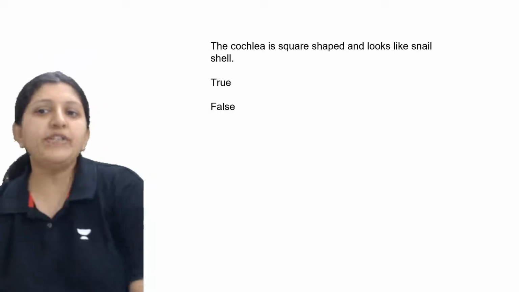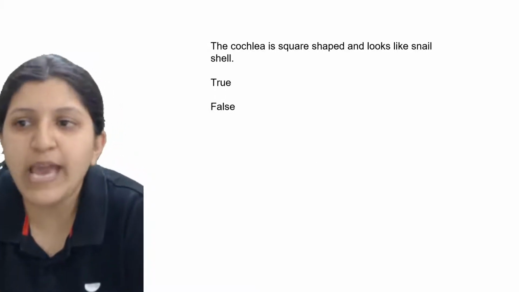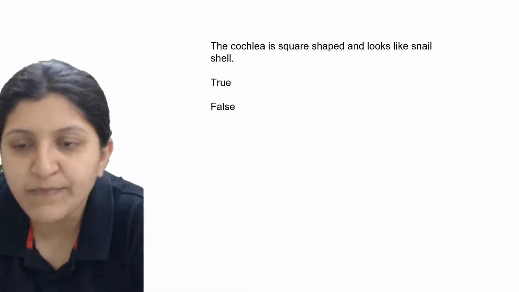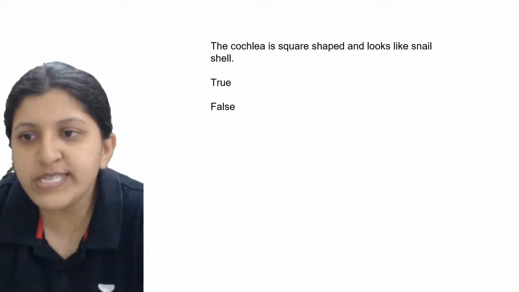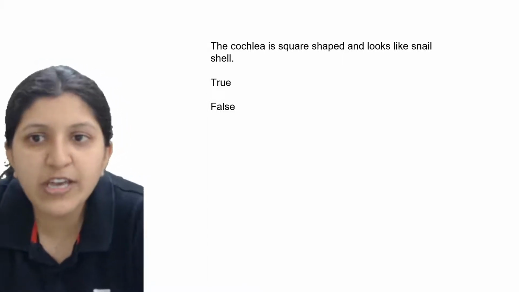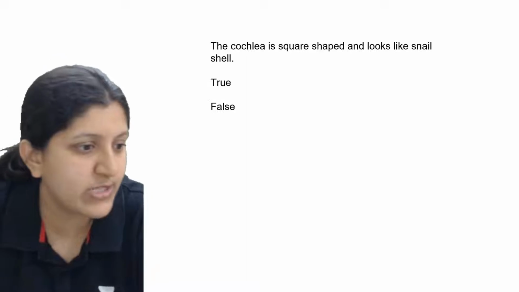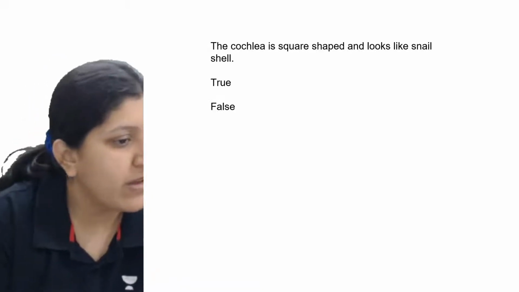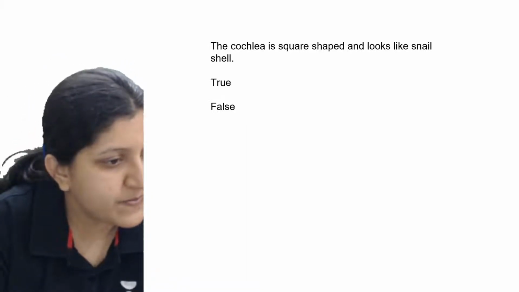Now, the cochlea is square shaped and looks like a snail shell. Whether this is true or false? What is mentioned here? The cochlea is square shaped. So is it square shaped? You can tell me, I'm reading your comments.